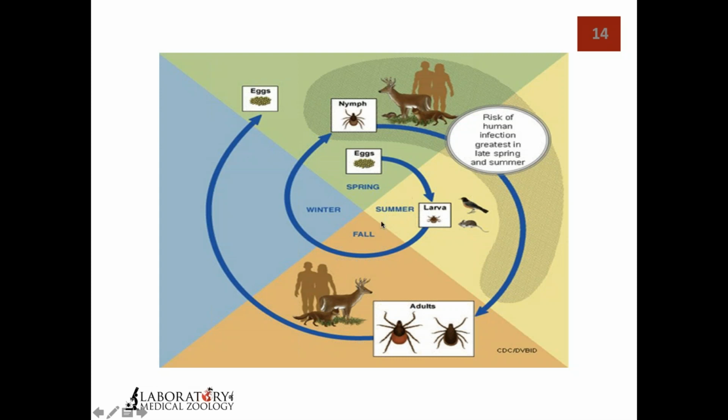And so the diagram is shown this way because it's very important to understand that although in the lifespan of a single tick, the larval stage clearly comes before the nymphal stage, just as the adolescent stage comes before the teenage stage, in terms of an annual cycle, spring to summer, the nymphal stages of a particular species are actually feeding prior to the larval stages of the next cohort.